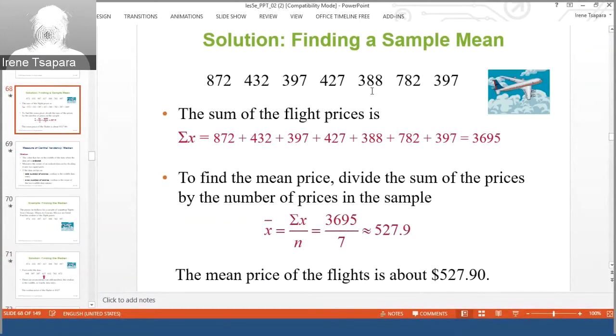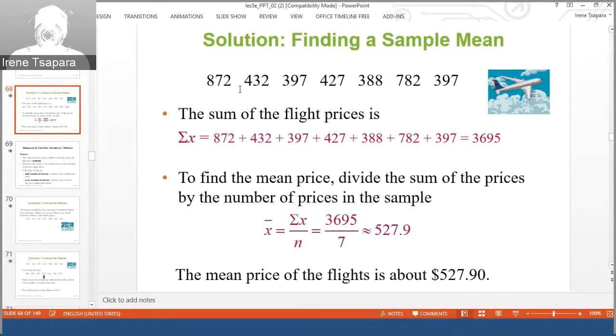If you look at these 4 values, you will see that the average of those 4 values is around 420 or something like that. But the mean for the 7 values, for the 6 values that you have here, 6 or 7, am I missing something?